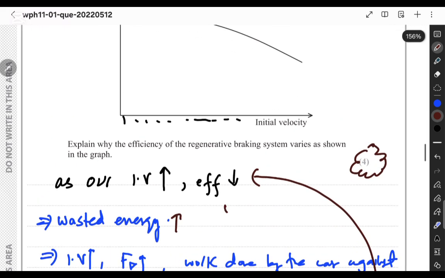Because remember, energy output divided by energy input times 100 is equal to the efficiency. Now our energy output is going to go down, so efficiency will go down.